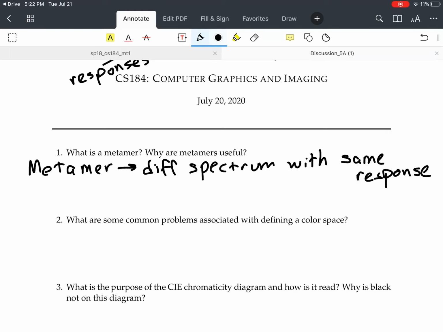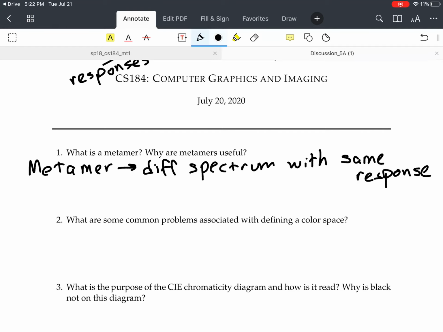They're useful because our screens are often limited in the range of spectra that they can show. They're limited by the pixels, by the technology, and all of that. But metamers allow us to mimic other colors that we may not normally be able to show.